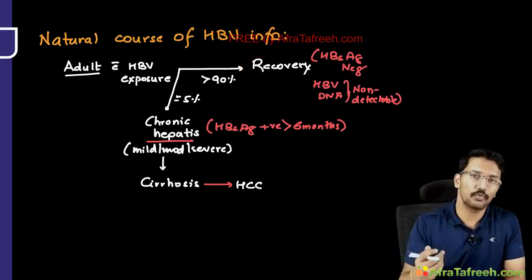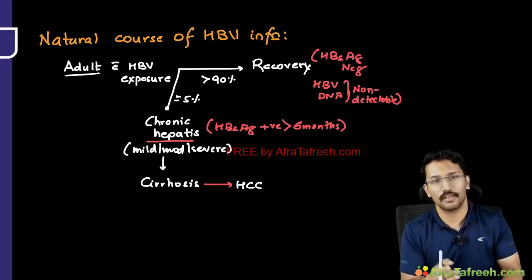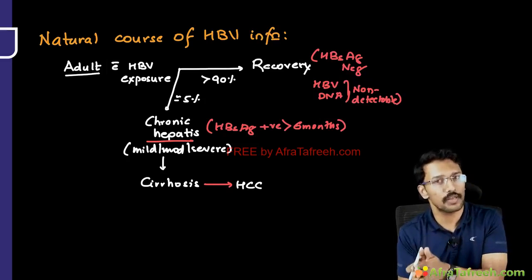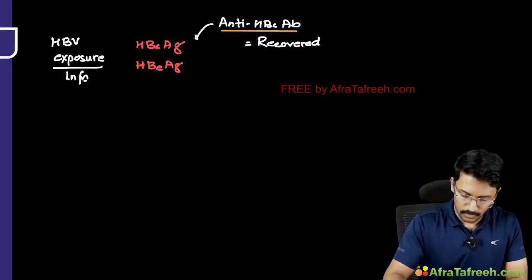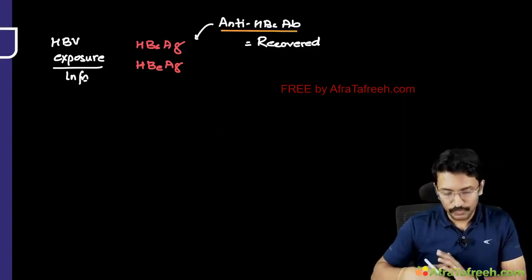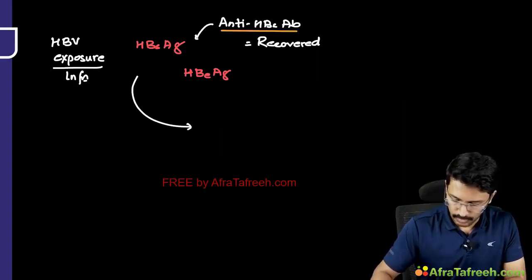Now, those patients who fail to develop anti-HBs antibody, where the HBs is not triggering the immune response, become chronic hepatitis. And once they become chronic hepatitis, those patients will also go through phases.